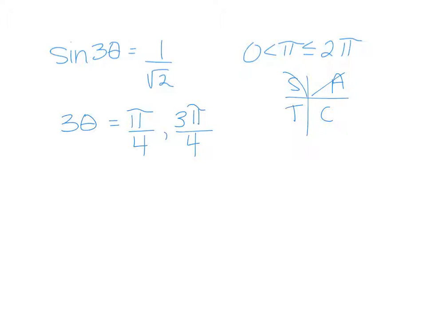Divide by 3, right. So we want to divide 3 theta by 3 to get theta. We'll divide pi over 4 by 3, and what do we get? pi over 12, and divide 3 pi over 4 by 3, and we get pi over 4.